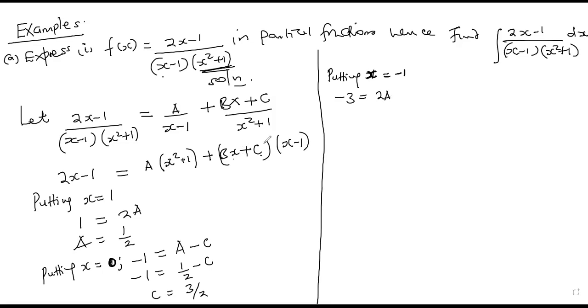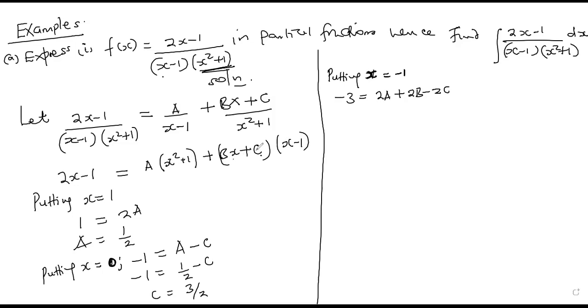If you put here -1 minus 1, it will be -2, -2 times -B, so it was going to be plus 2B, then minus 2C.